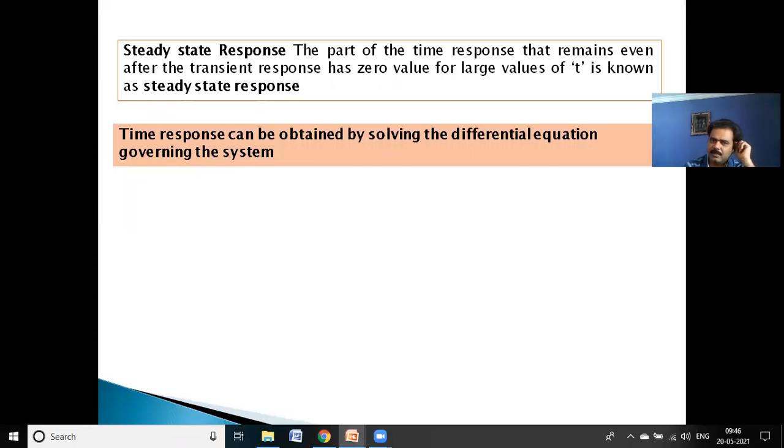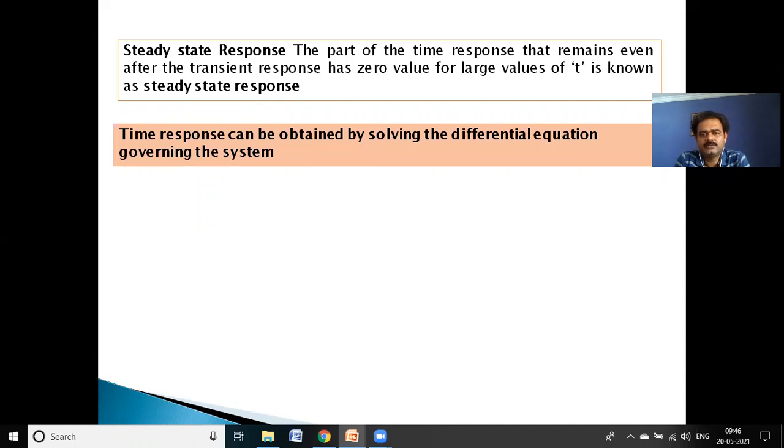Time response can be obtained by solving the differential equations governing the system. That is one way of getting the response. Till now, we have studied the time response of the system, c(t). It is a combination of two terms, that is transient response and steady state.